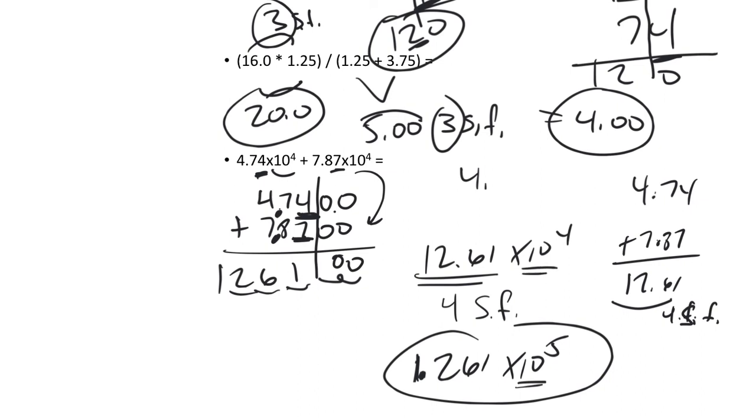You've got to use the same exponent. You can see 12.61 times 10 to the 4 would be the proper answer to 4 sig figs, just like 4.74 plus 7.87 is good to 4 sig figs. Once you see that it's 12.61 times 10 to the 4, then you can move it to 1.261 times 10 to the 5 if you want to express it in the exponent times 10 to the 5.